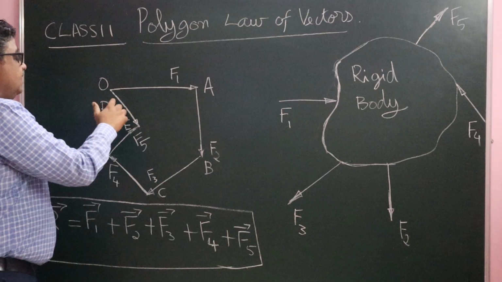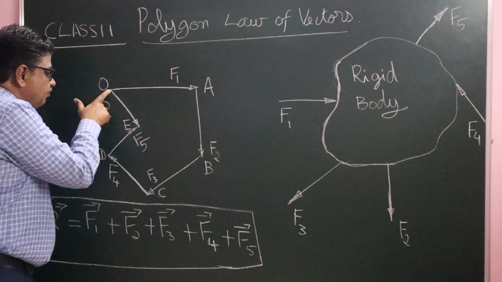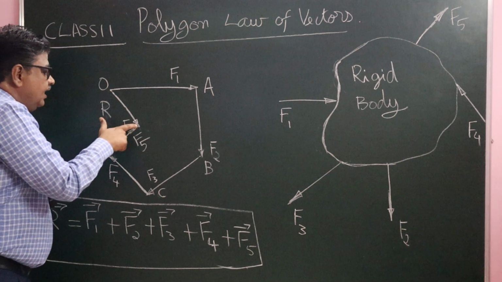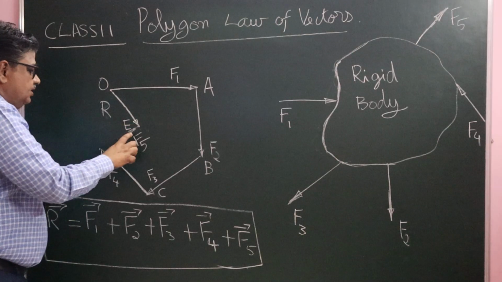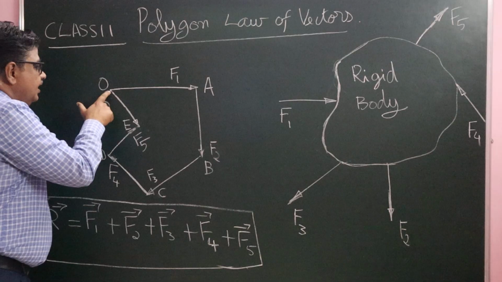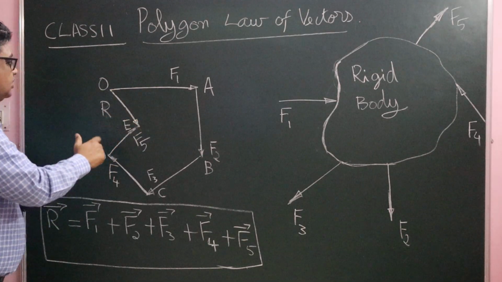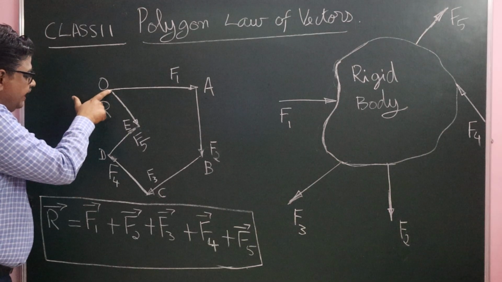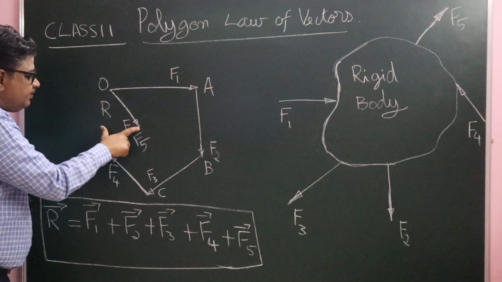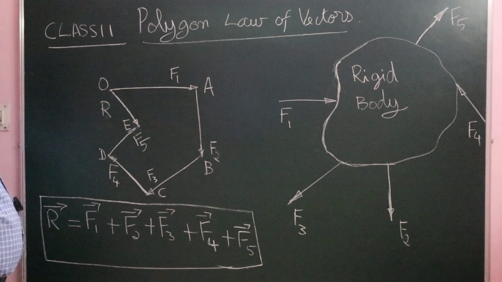That is, the resultant force starts from the beginning of the first force and ends at the end of the last force. Here F5 is the last force and here F1 is the first force. Therefore the resultant force starts from the tail of the first force and ends at the head of the last force in this direction. This is the resultant force, right?